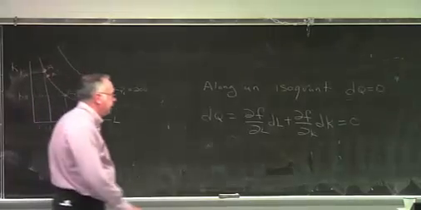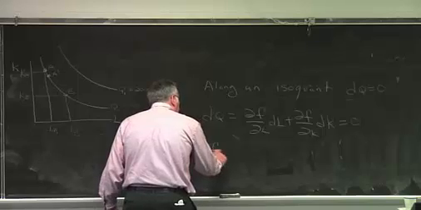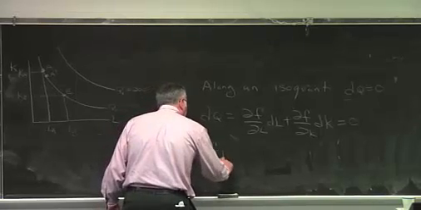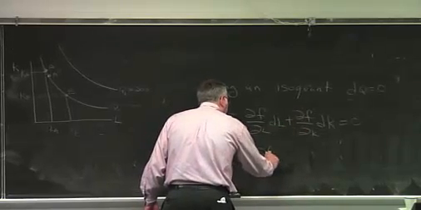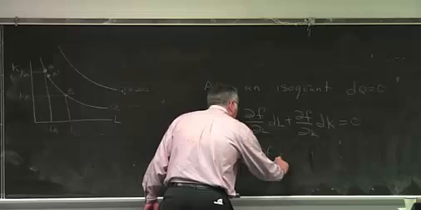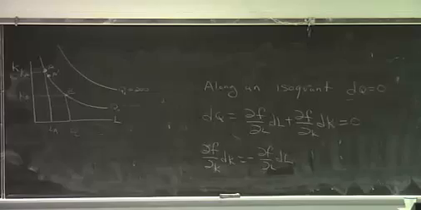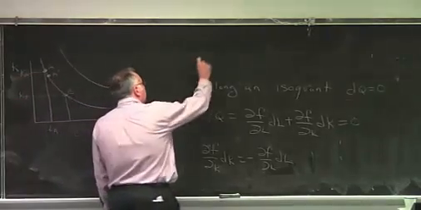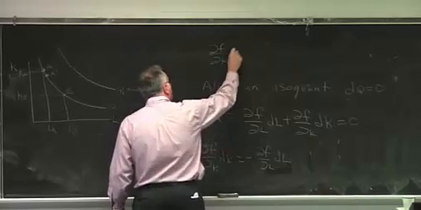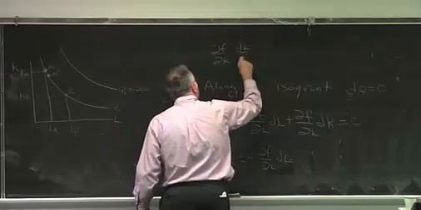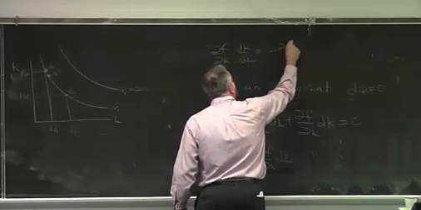Okay. Let's take this equation right here and solve for dk/dl. Notice we could write partial f partial k dk. Bringing this over to the right is minus partial f partial l dl. Dividing both sides by the differential dl, we would get partial f partial k times dk/dl equals minus partial f partial l.